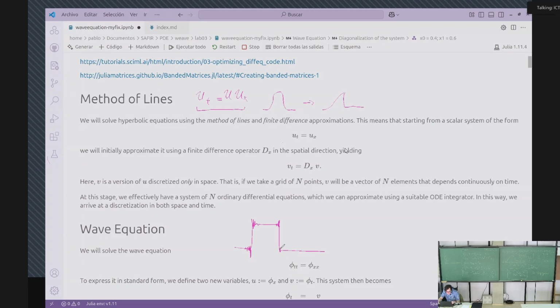And here you will get very high modes that you will not be able to avoid even if you go with a very small delta x, that will always appear there, and this will completely mess up your solution and it will become unstable, and it will crash after some time.